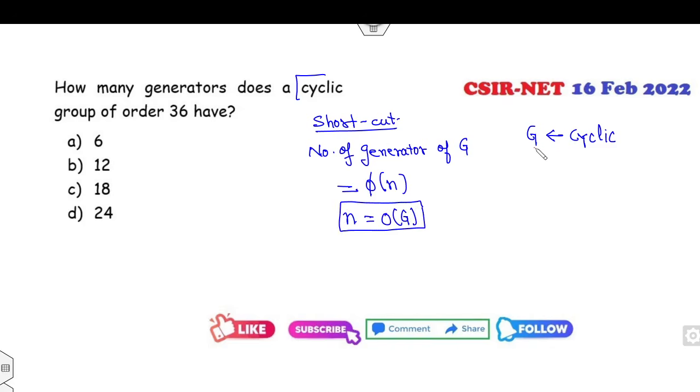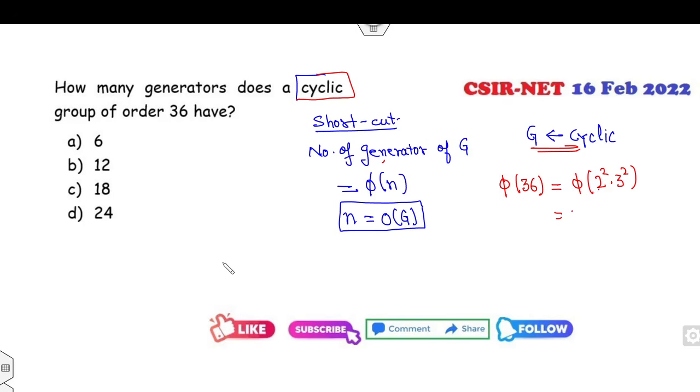If your group is cyclic, remember, you can find the number of generators as phi of n. It is given that the group of order 36 is cyclic. So what is the number of generators? I can write the prime factorization: 36 is 6 squared, that is 2 raised to power 2 times 3 raised to power 2.